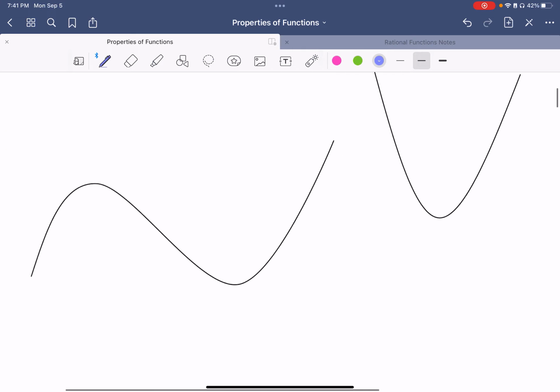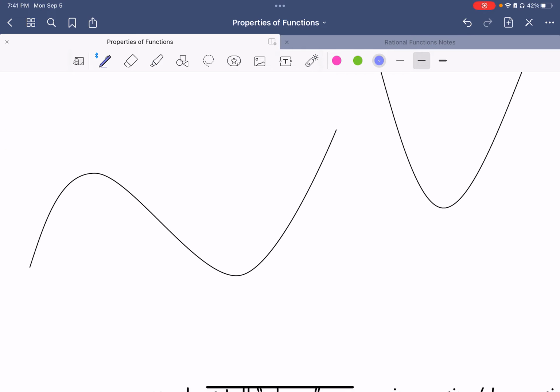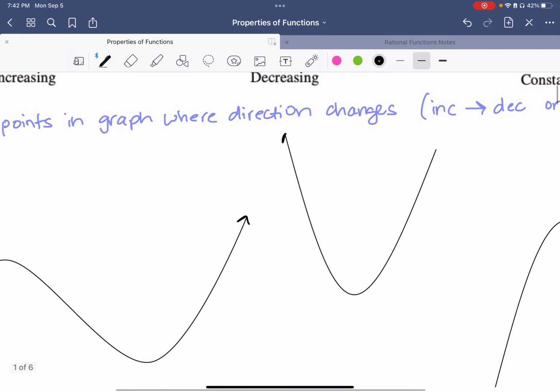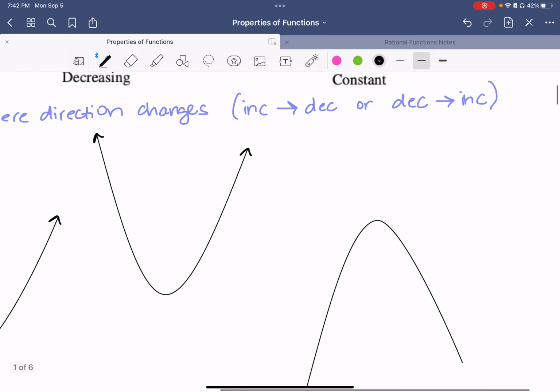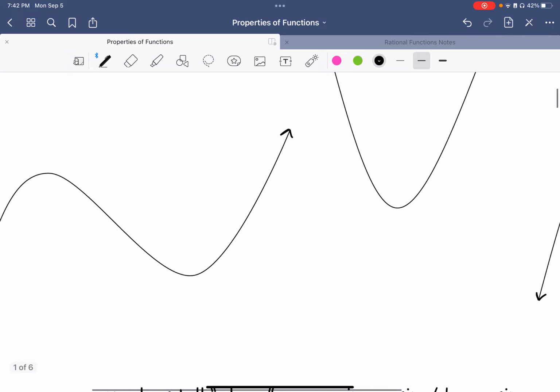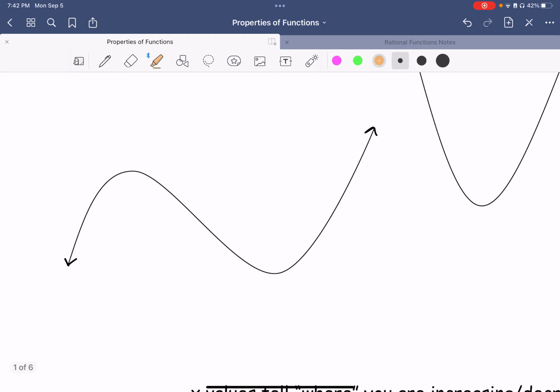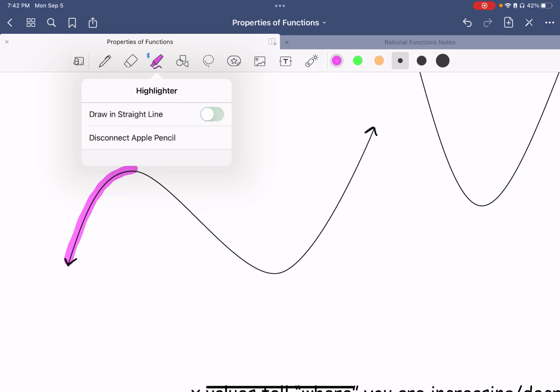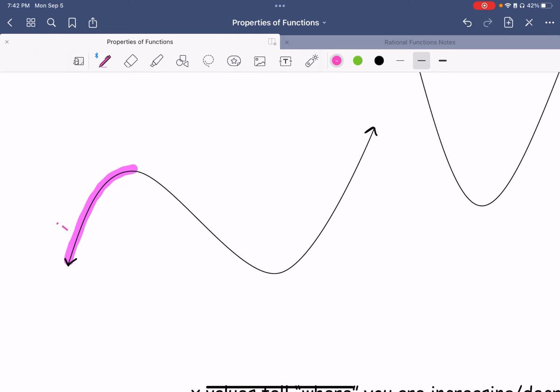Okay, so the first thing I want us to do is draw arrows on all of these graphs because they are missing all of the arrows. Okay, now let's start with the first one. So starting from the left-hand side, you can see that my graph is going up. So this would be increasing. But it doesn't go up forever because then notice that it starts to come back down.